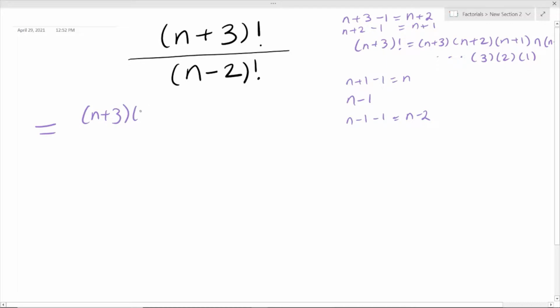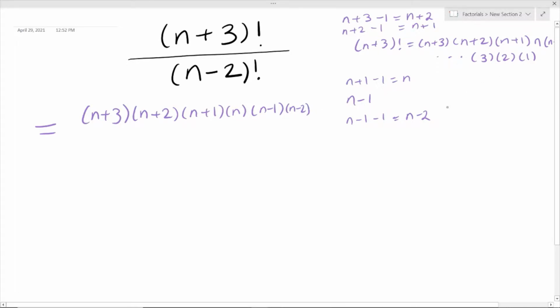And then the next one is n plus 2, because 1 less than n plus 3, as mentioned before, is n plus 2. And then 1 less from that is n plus 1. And then 1 less from that is n. And then 1 less from that is n minus 1, and then the next one is n minus 2, and it goes all the way down to 1, right?